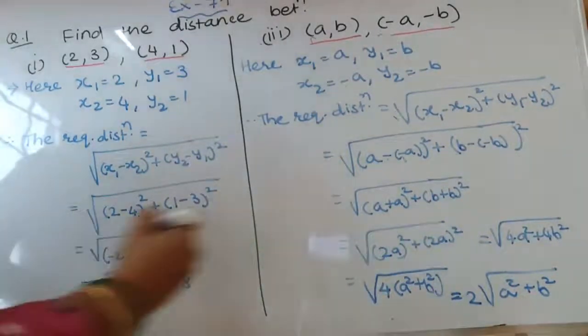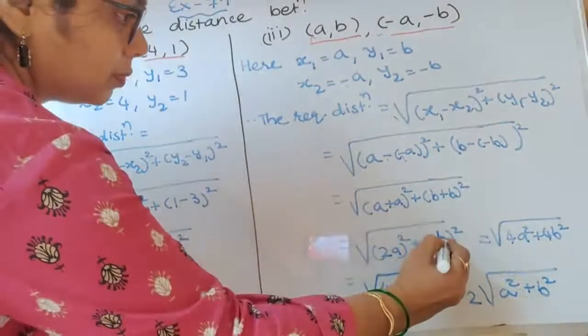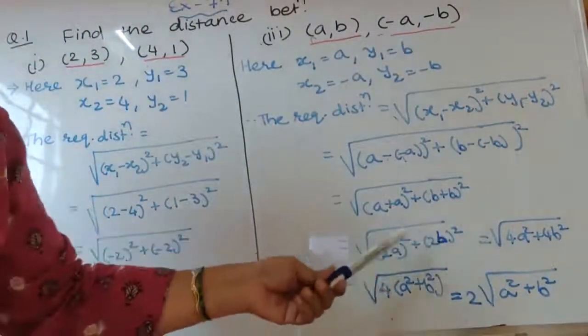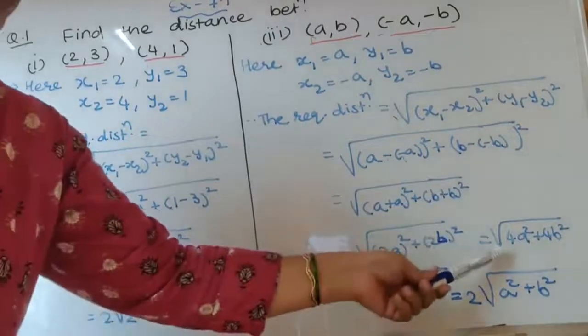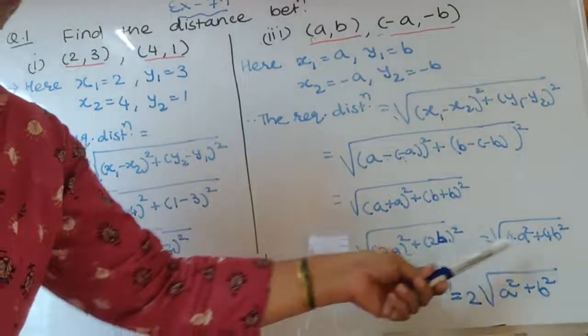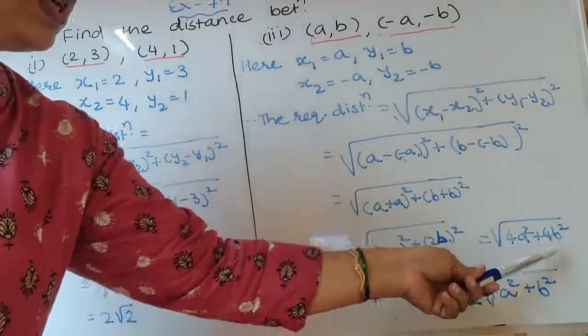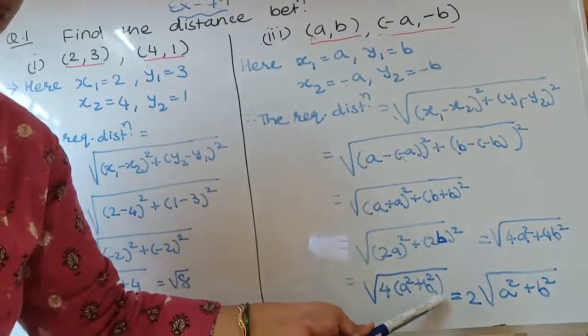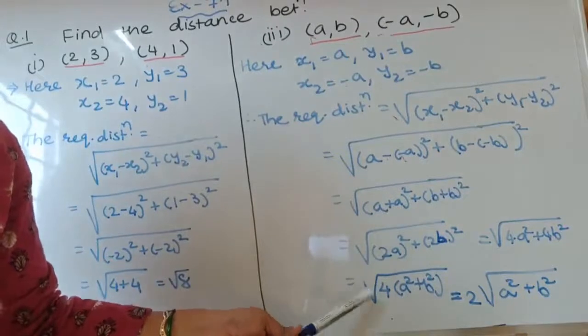So (2a) whole square plus (2b) whole square. So (2a) square means 4a square and (2b) square means 4b square. If I take out 4 as common, then what is remaining? a square plus b square. As you know, root 4 is 2.